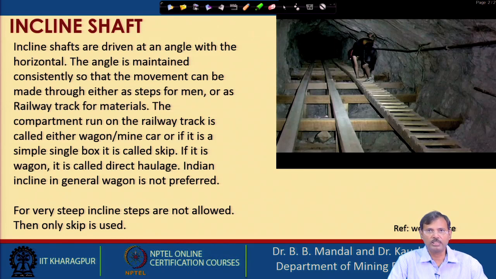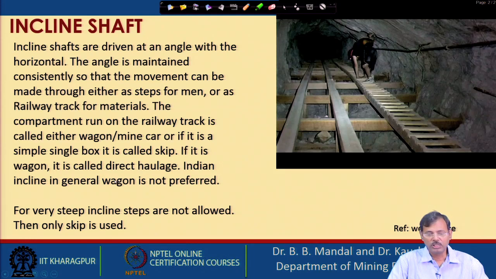So, to avoid that, we usually give a constant angle, so that the transporting medium placed, in general a rail mounted skip, can operate well. For that we keep the angle constant throughout the incline opening.